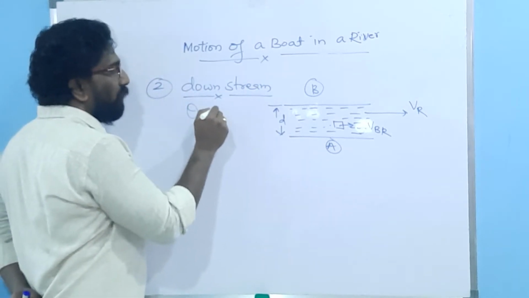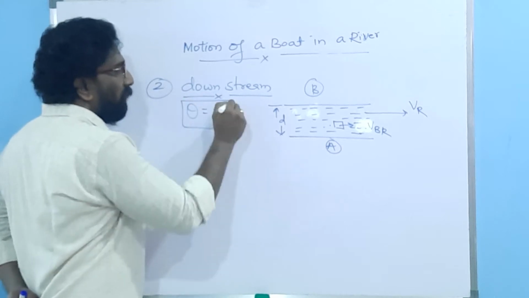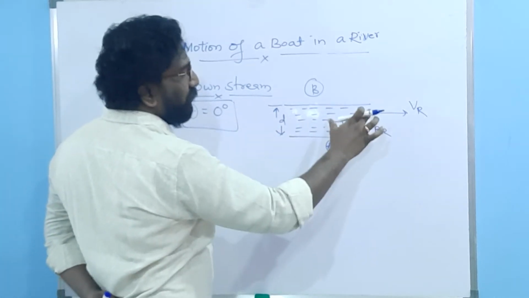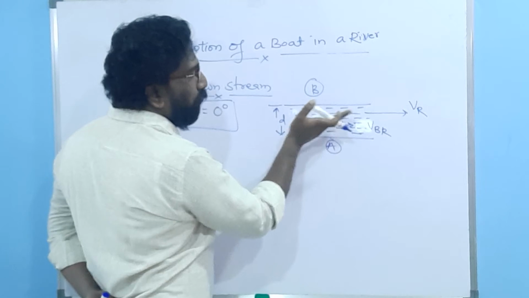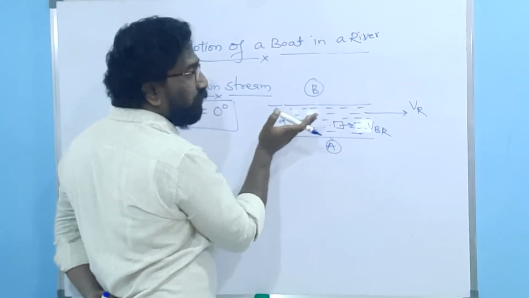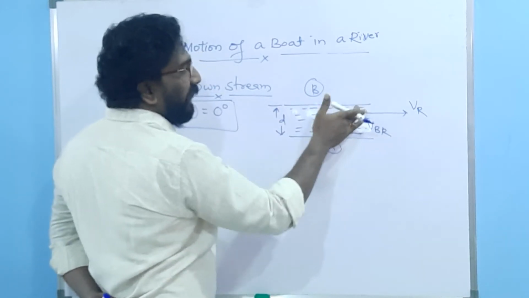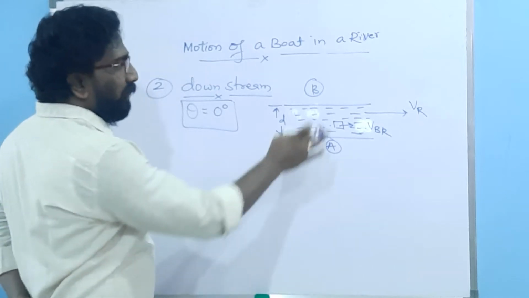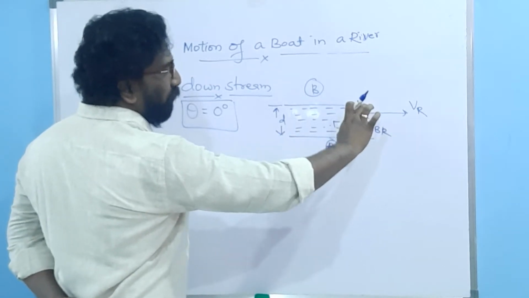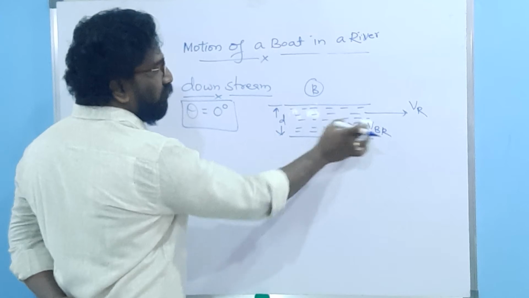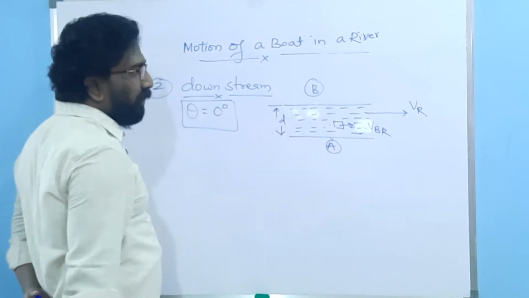We know that since it is downstream, theta is equal to 0 degrees. Because both are in straight line motion, both are parallel to each other, and both are in the same direction. So the angle between the river flow and the boat direction is 0 degrees.